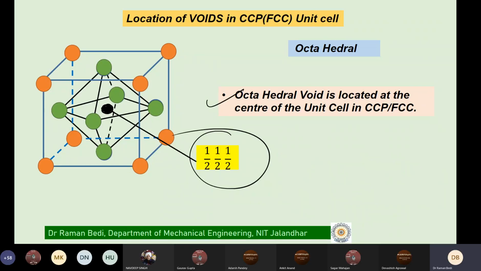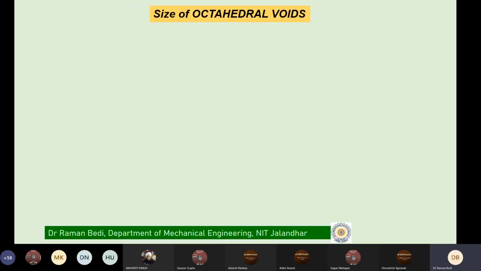Accordingly, the voids are also shown. The black one is the void space, or the coordinates of the center of the void. We are interested in some more locations. So this is one location where you will find octahedral voids, larger than the tetrahedral voids, in a CCP unit cell.